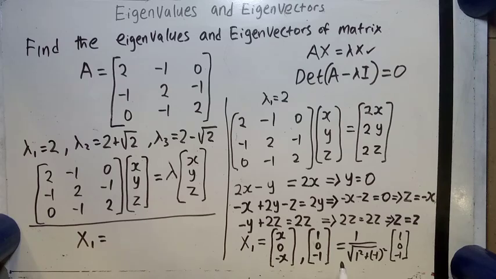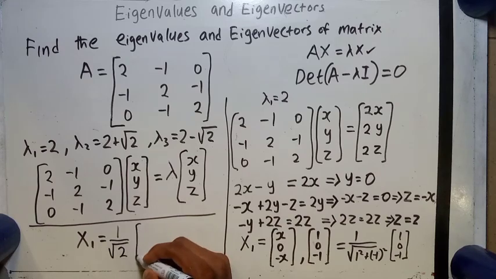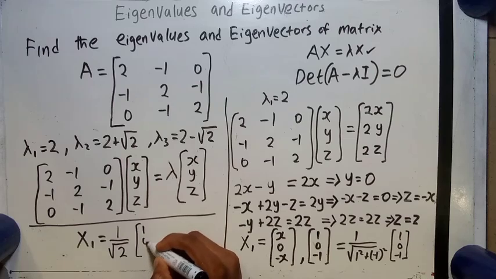Hope you understand the reason why I omitted the 0. 0 square is still 0, so there's no need of adding it here. So this is going to give us 1 over root 2 times 1, 0, minus 1. So we have just gotten one eigenvector.